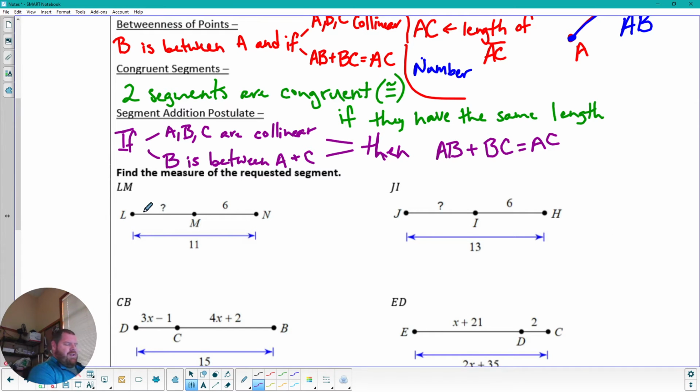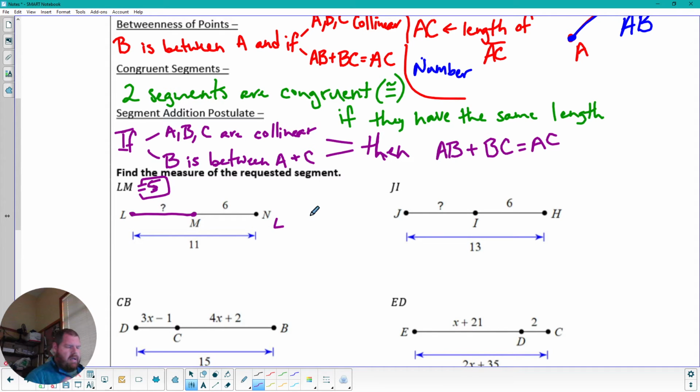I'm looking for LM. And that's saying that some length plus 6 of whatever equals 11. I believe it has to be 5, because 5 plus 6 equals 11. Don't make it harder than it has to be. Now, the technical side of things says, well, yeah, L, M, and N are all collinear, so that's met.